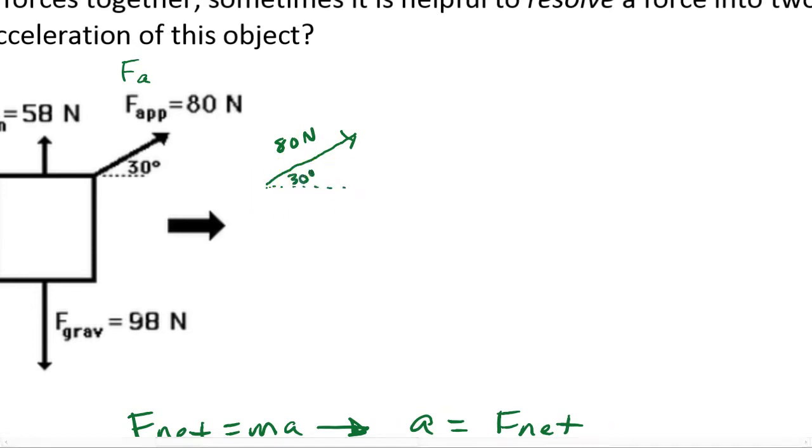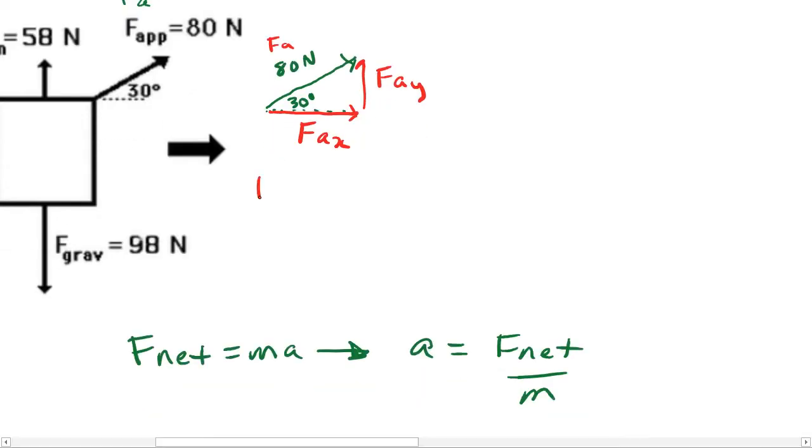So what I'm going to say is that this would be the x component, so I will call this FAX. And this will be the y component, FAY. And remember that this is my FA, the 80 newtons. So FAX is going to be equal to 80 multiplied by the cos of 30 degrees.